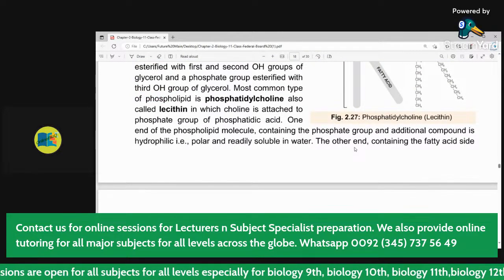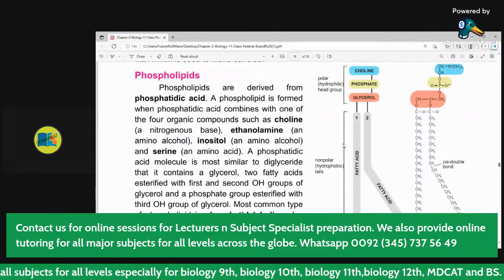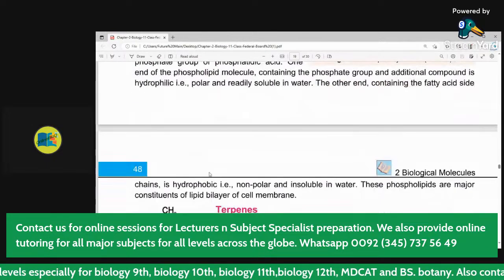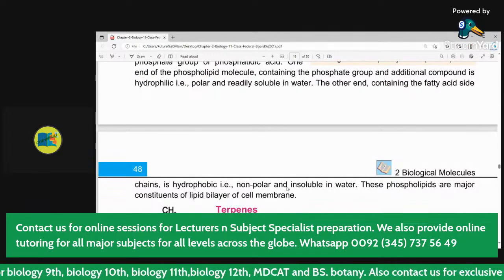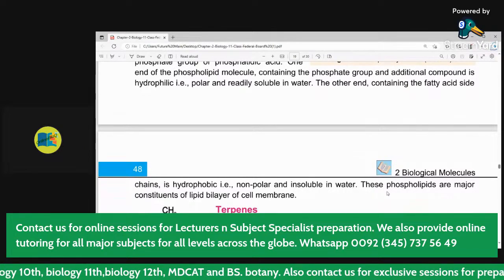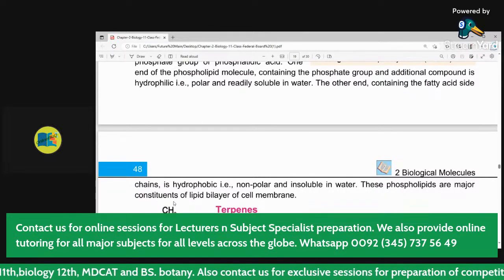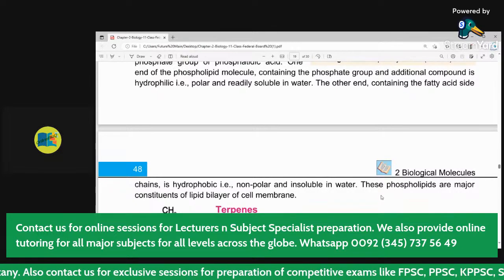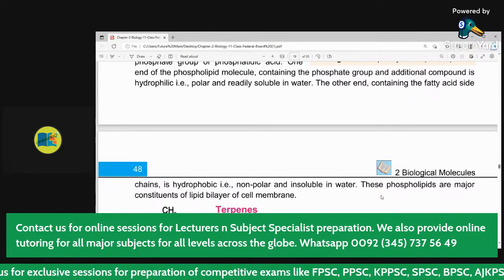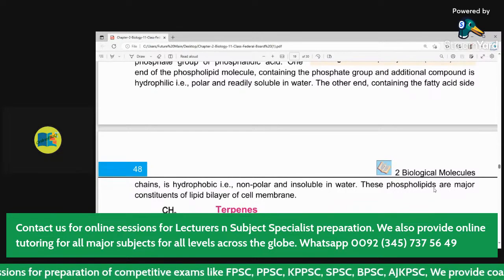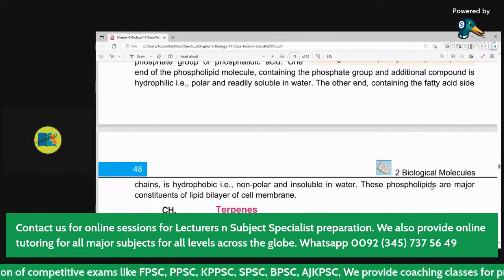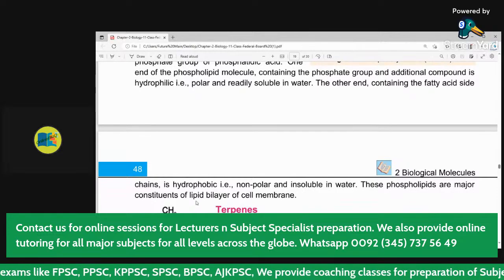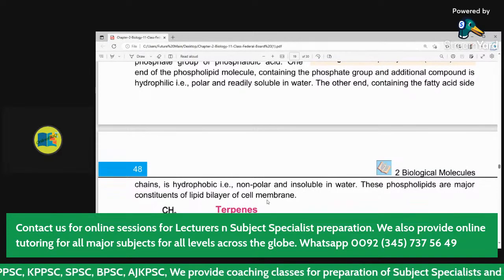The other end, containing the fatty acid side chains, is hydrophobic, non-polar, and insoluble in water. These phospholipids are major constituents of the lipid bilayer of cell membranes. We already studied that phospholipids and cholesterol are present in cell membranes.